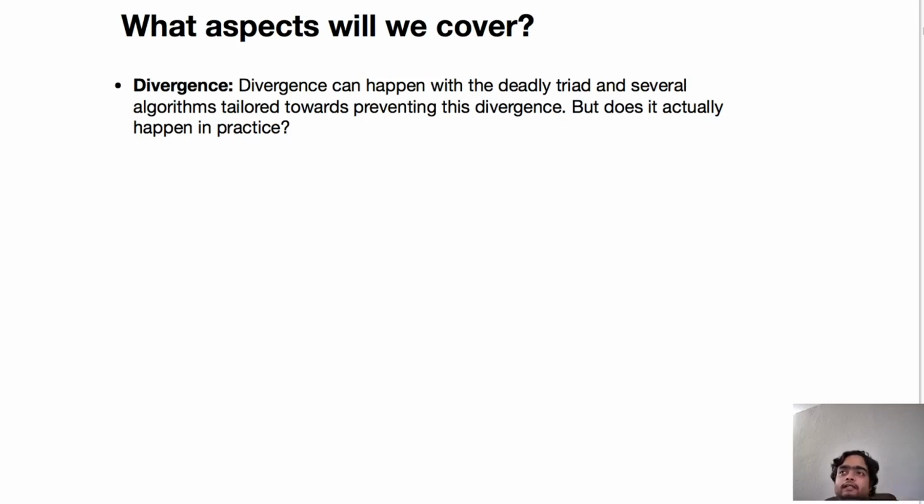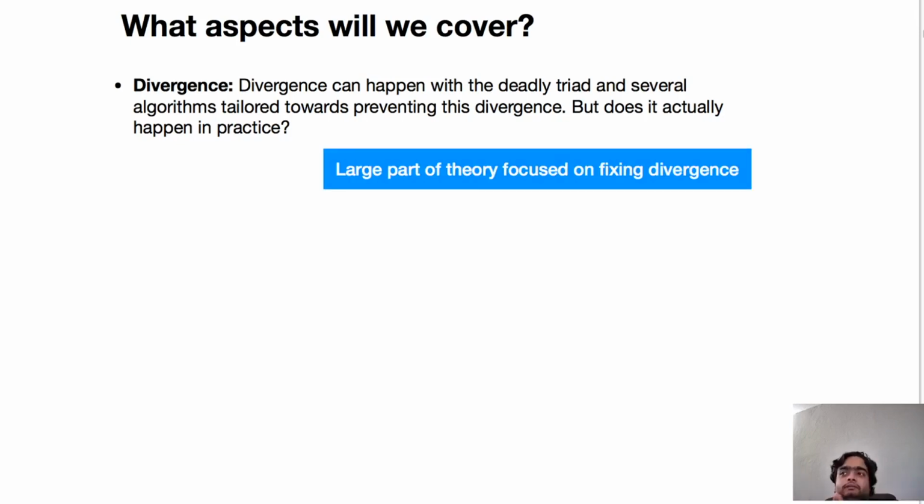There are several algorithms tailored towards preventing this divergence, and a large part of RL research has been towards this problem. But does it actually happen in practice, or do deep neural networks with the conventional techniques that we use, such as target networks and delayed targets, already fix this issue? That's the first thing that we'll cover.